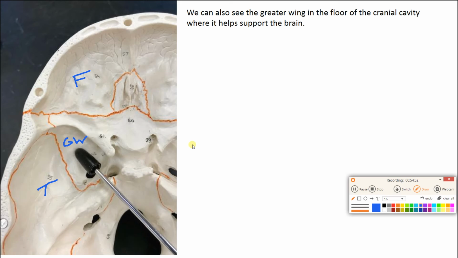I know I make you guys draw stuff. I'm not going to go crazy trying to make you draw the entire interior of the skull. But if you think that you learn by doing stuff like that, there are some pretty cool anatomy coloring books out there.